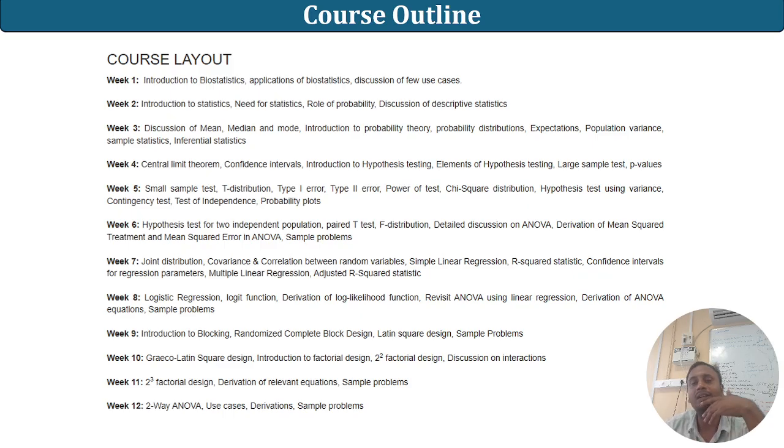Then we came to descriptive statistics. Descriptive statistics is where we talk about the numerical description of the samples: what is the mean, what is the mode, and some sort of variance or deviation. Here there is no talk about inferring or making a conclusion. It only gives some idea about the data.